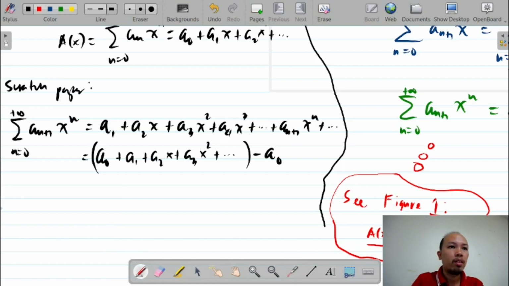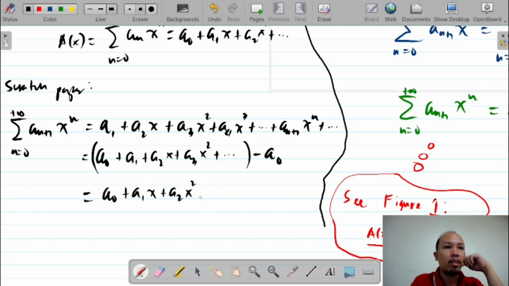So notice also that we can write it in this form: a sub 0 plus a sub 1 x plus a sub 2 x squared, we can multiply by x squared, plus a sub 3 x cubed, and so on.